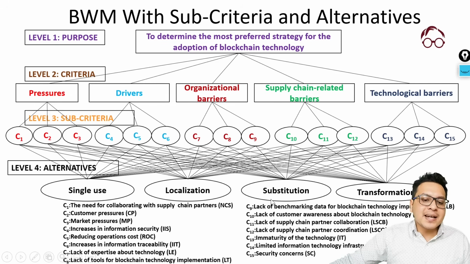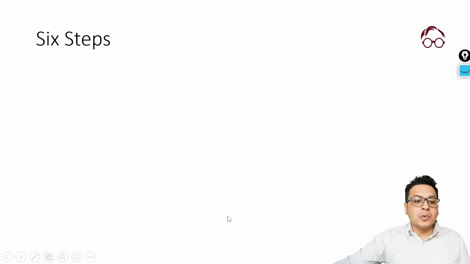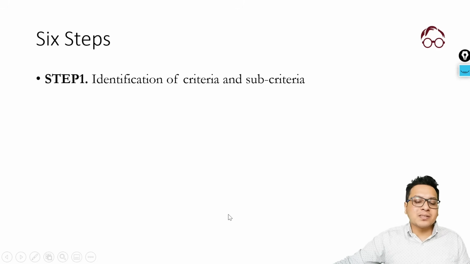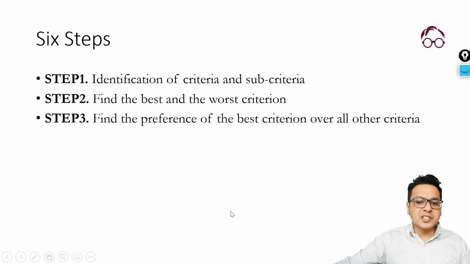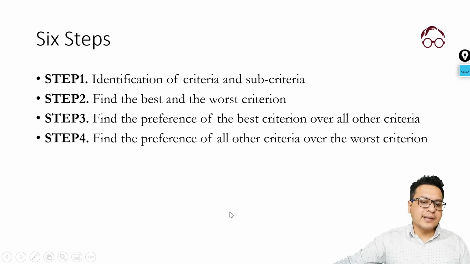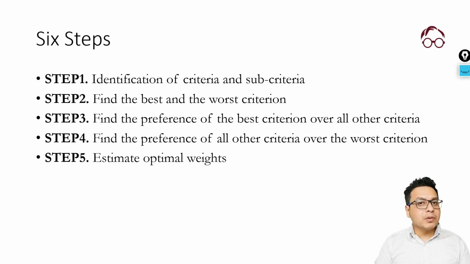So that's the study design. And in this case you will have some more extra steps. First of all, you identify the criteria and sub-criteria, find the best and worst one, find the preference of the best over all other criteria, find the preference of all other criteria over the worst, and then you estimate the optimal weights.